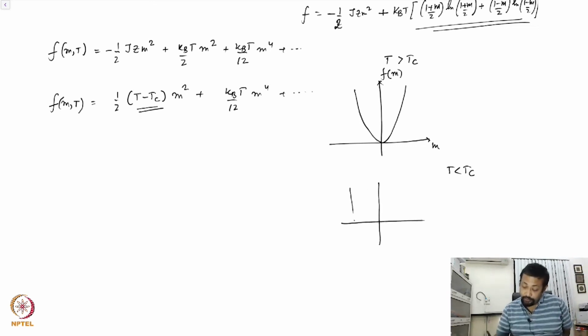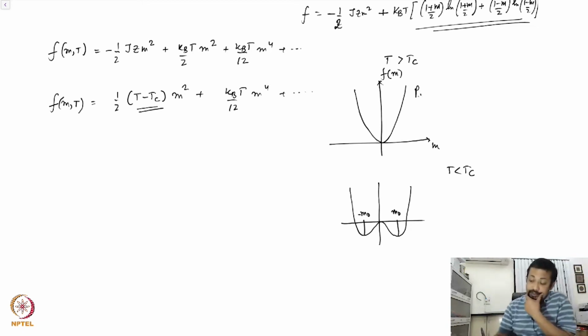You develop two minima at m naught and minus m naught. This is what is called the paramagnetic state, and this is called a ferromagnetic state.